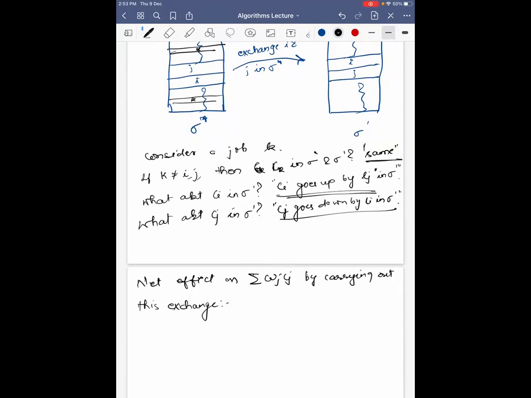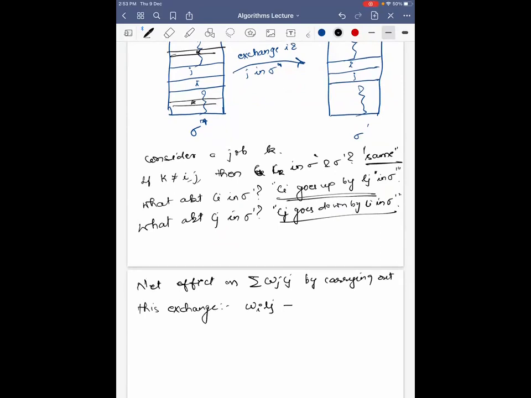The completion time of I goes up by Lj, so you add this constant Wi Lj, and the completion time of J goes down by Li, so you decrease the constant Wj Li from this weighted sum of the completion times, right? Yes, sir. Now, this is the net addition that we get. Can you tell me, is this quantity positive or negative?